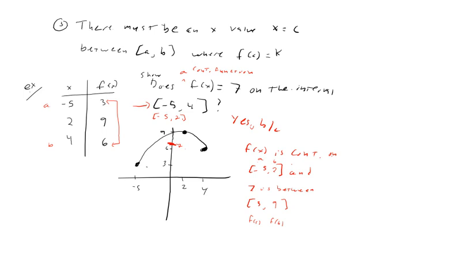We're using a smaller section. It's okay to use a smaller section. I can't use a bigger section. I have to use a small section, somewhere in this range. I can say, well, 4 is not helpful, but 2 is helpful. So I'm going to go from -5 to 2.